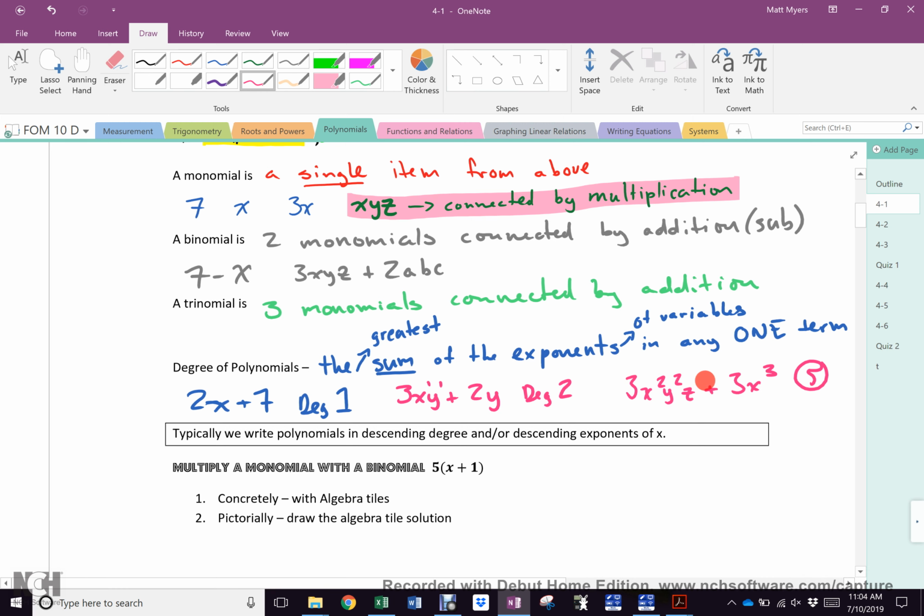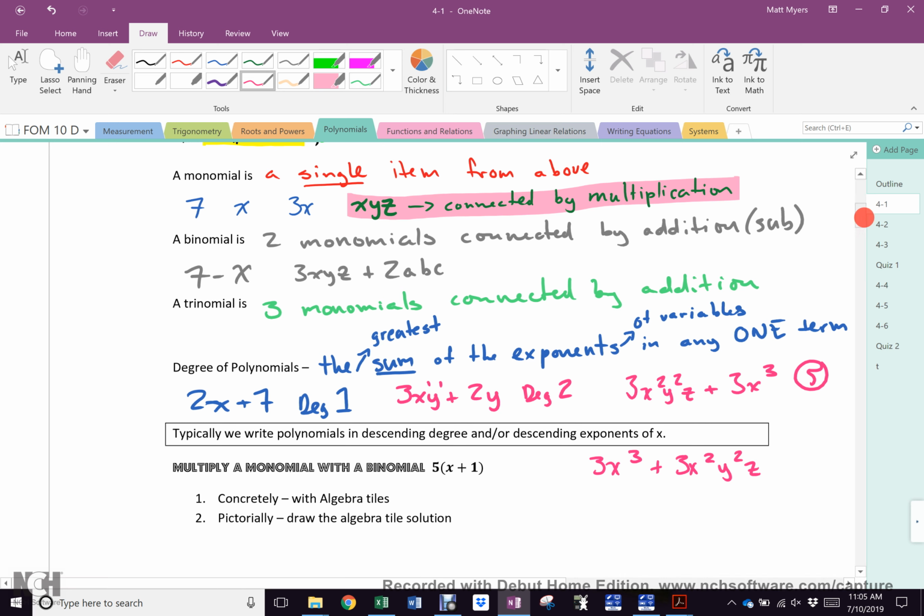So if I was going to write this properly, it would be 3x cubed plus 3x squared y squared z, because the first letter with the biggest exponent goes first. Is everybody good? Not super important. Some math teachers would be like, well, you didn't put it in the right order. I'm taking away a half a mark. Am I that math teacher? No. Everybody good?